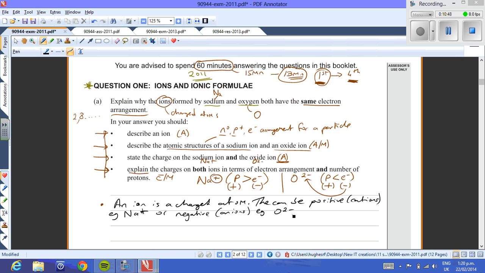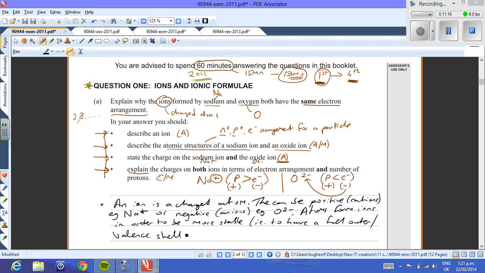What else can we say about ions? Atoms form ions in order to be more stable, i.e. to have a full outer shell, or valence shell.